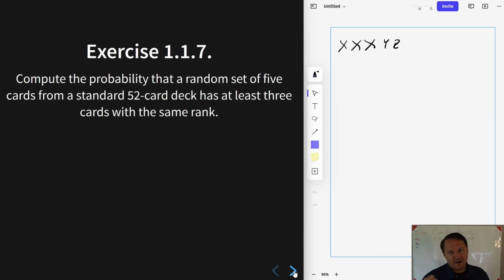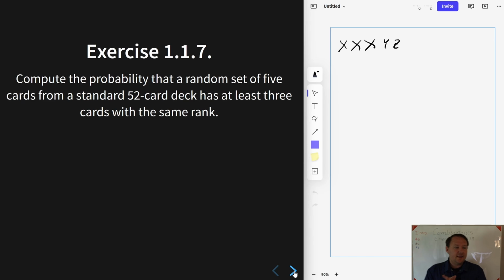So this is a diagram of what we are talking about when we talk about having 3 cards of the same rank. And the only thing that is then going to distinguish these cards, because they are different cards, they must be distinguishable somehow, so they will be distinguished by the suit that they have.